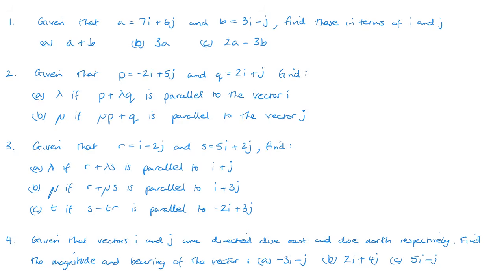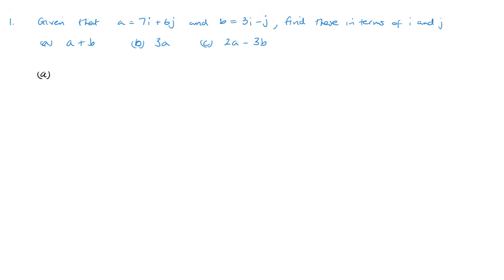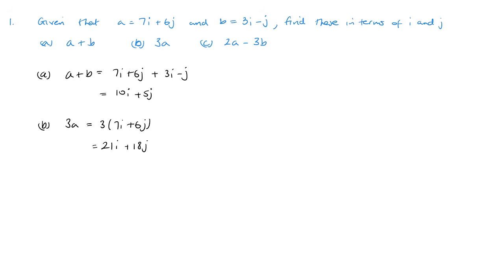Okay, welcome back. Let's look at the answers. Okay, so a plus b is 7i plus 6j plus 3i minus j. So that's 10i plus 5j. Okay, b, 3a. So it's 3 times 7i plus 6j, 21i plus 18j.